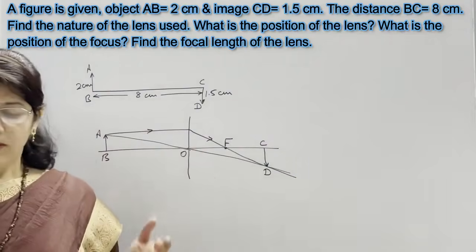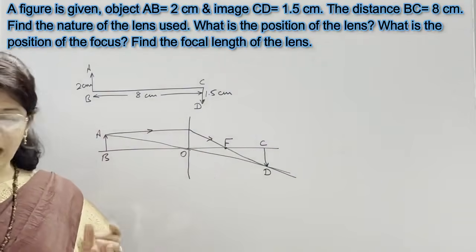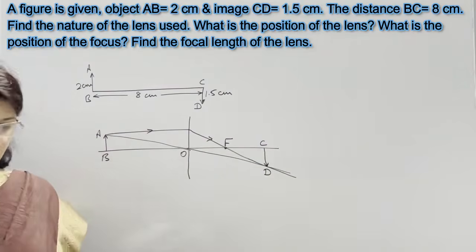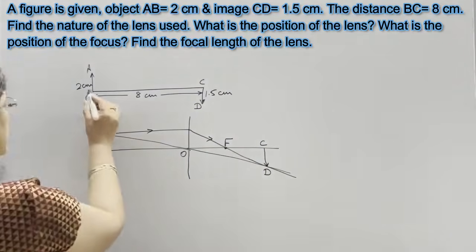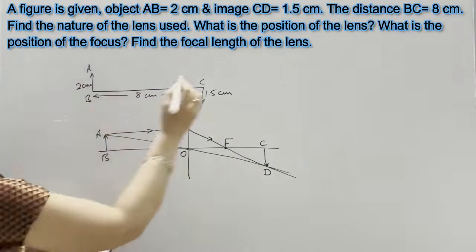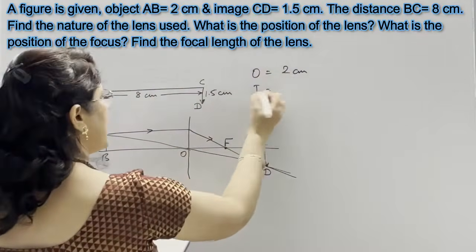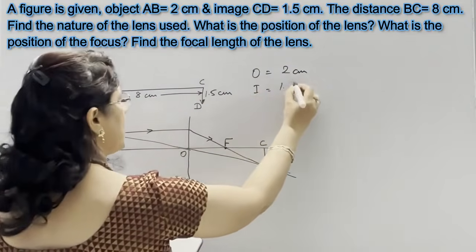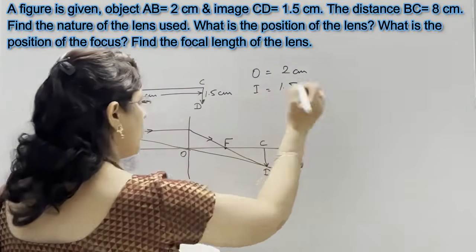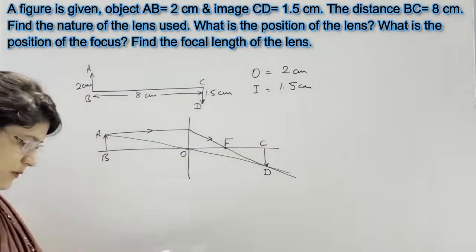In the fourth part, find the focal length of the lens. For this we need to do calculation. Here the size of the object is given. It means O is given as 2 centimeter and the size of the image is given as 1.5 centimeter. So O and I are given in the question.